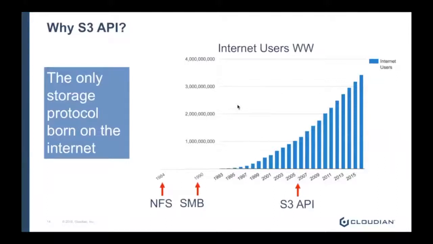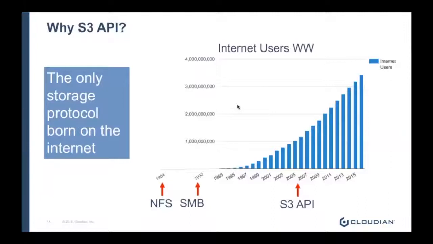Well, the S3 API matters because it was the only API that was born, created, revolutionized in the time of the Internet. So if you look at this timeline here, if you go back to 1984, that's when NFS was created. The Internet didn't even exist in any real way.